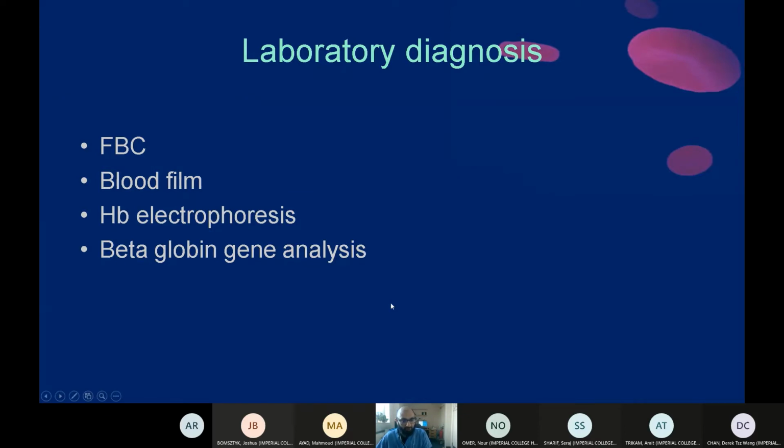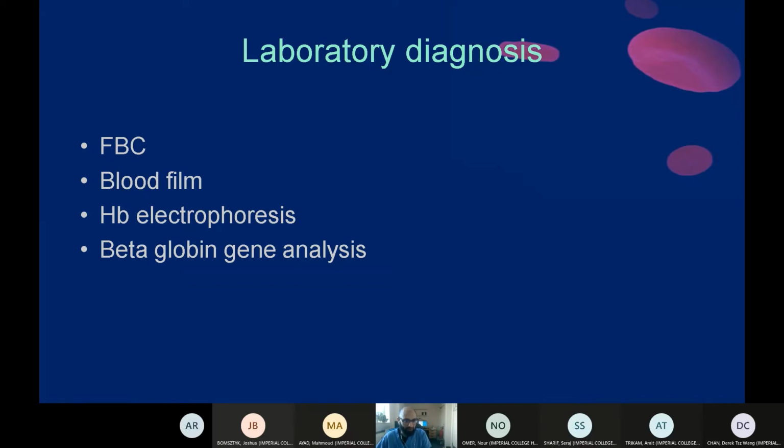Again, this is all stuff that you know, but in terms of the laboratory diagnosis of sickle cell disease, you know how it's made, predominantly on the blood: the full blood count showing anemia, and the blood film showing the classic appearances of the sickle cells, the elongated sickle-shaped cells, or sometimes boat cells. The diagnosis really is made on hemoglobin separation or hemoglobin electrophoresis, which can be done either by gel electrophoresis or by high-performance liquid chromatography, or HPLC.